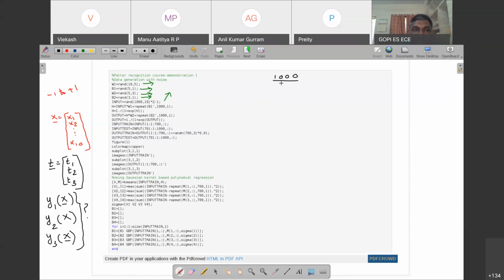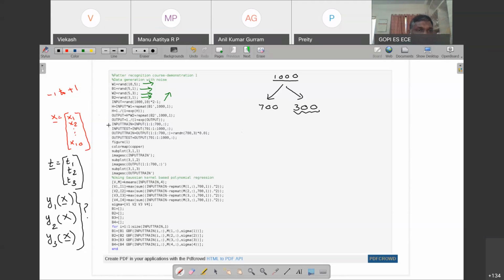We are using 700 data for constructing this W in the parametric approach, meaning for training purposes, and then we are using 300 for testing.